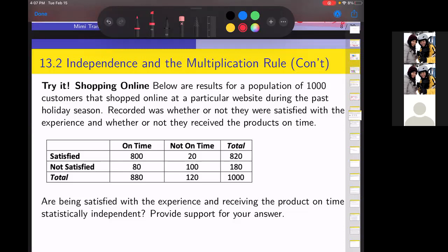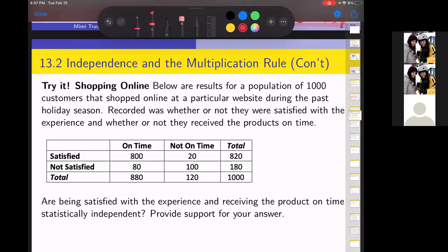But what does this table remind you of? We just finished it 2 lectures ago. Something for categorical data.